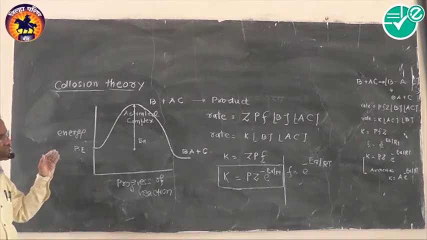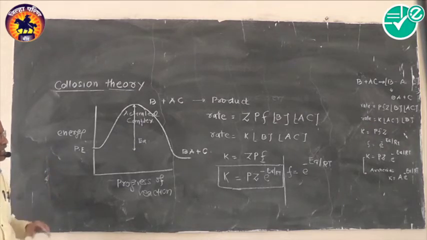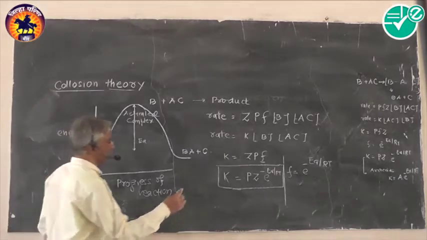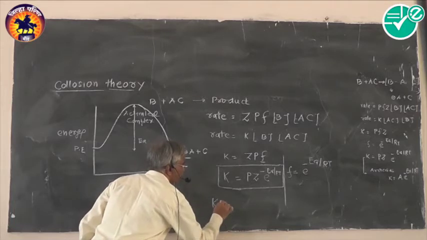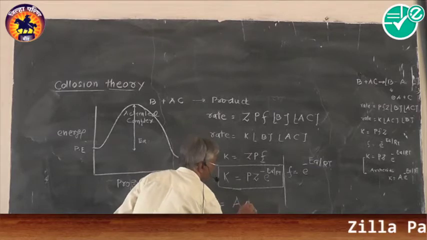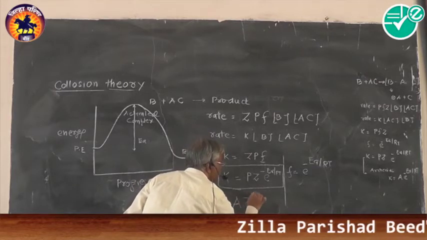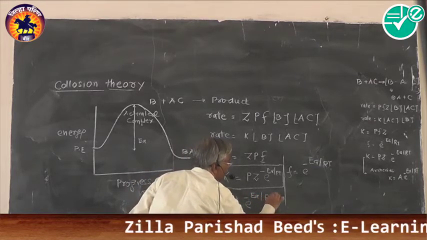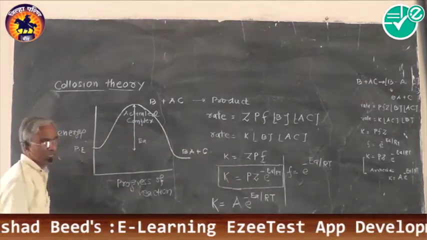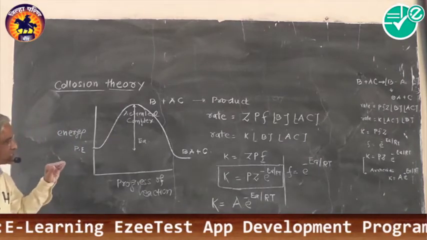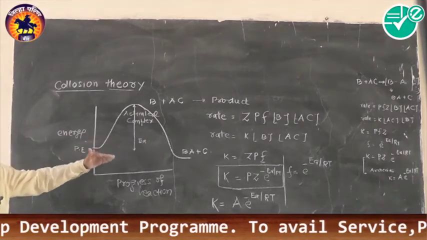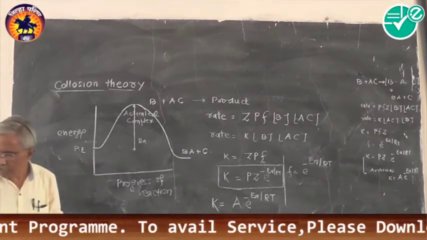According to the Arrhenius equation, the rate constant K is equal to capital A e raised to minus Ea divided by RT, where A is the frequency factor, that is, the multiplication of P into Z. So this is the collision theory of the reaction, along with the Arrhenius equation.